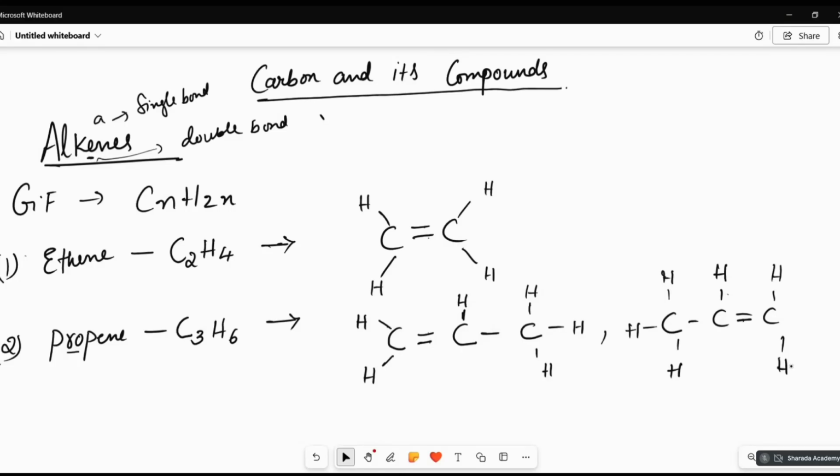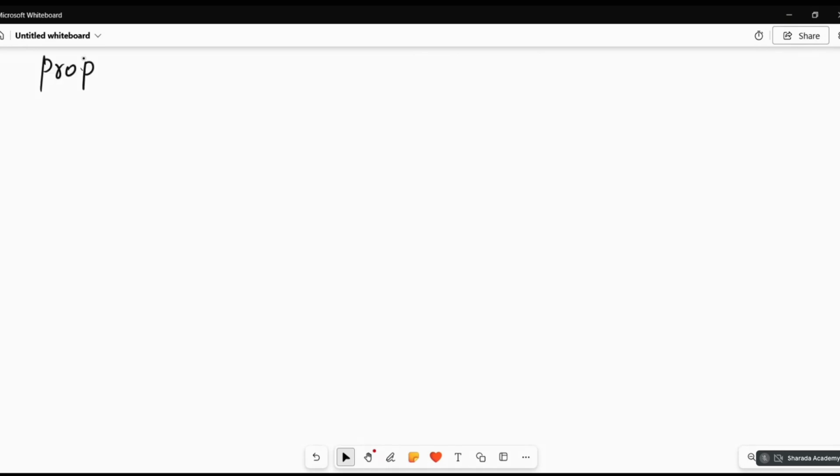For that also the name changes a little bit. That is 1-propene, 2-propene, they call. 1-propene means if you number from here, the first carbon has the double bond. For the second carbon you have the double bond here. So we call it 1-propene, 2-propene. Propene, PROP.